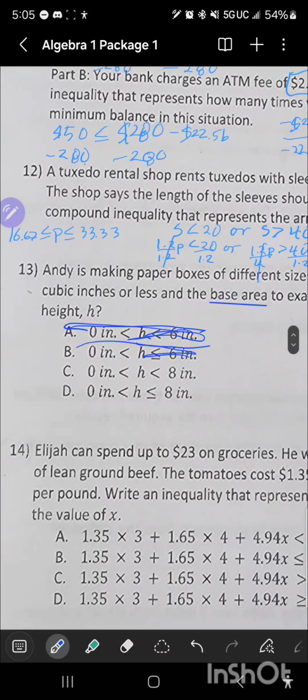Basically what I was trying to say is that it can be 240 or less, so we can have an equal sign. This one does not represent the real value because if there is no equal sign here, then it says that the volume of the box cannot be 240 when in reality they are saying that it can be 240 or less. So our answer is D.